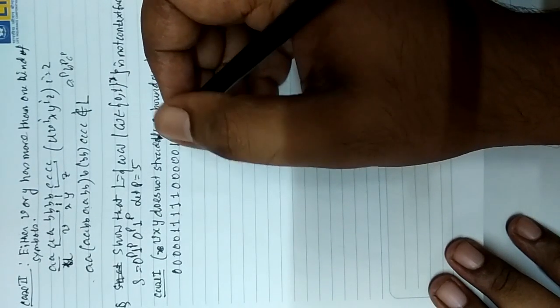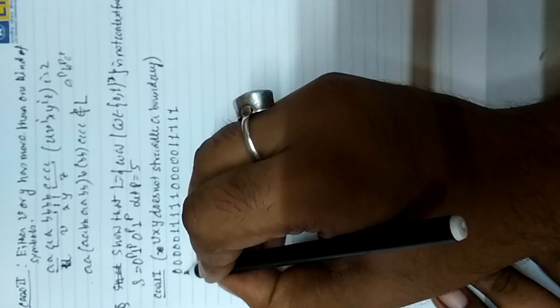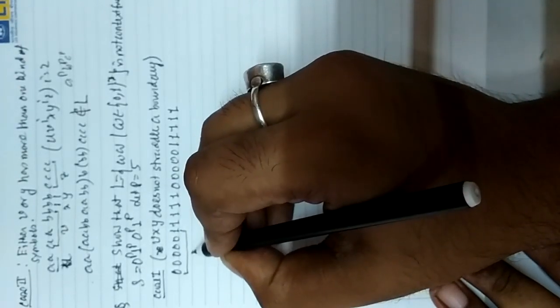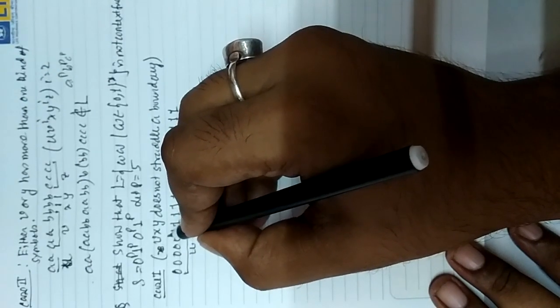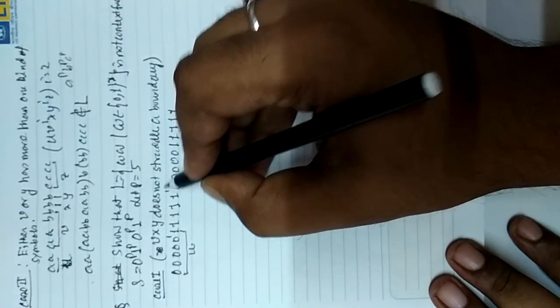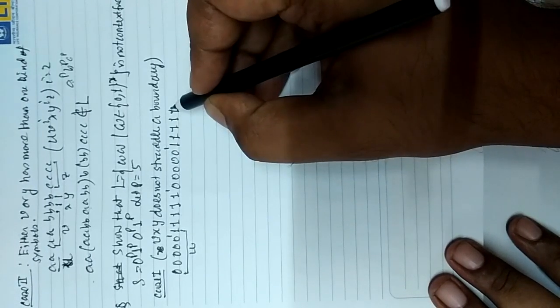Now let us take U as this one. Now see, straddle means what? This is one boundary, this is another boundary, this is another boundary, and this is another boundary.